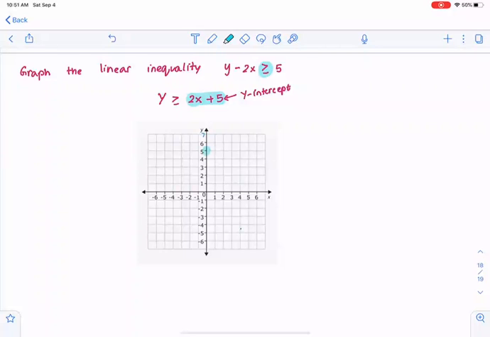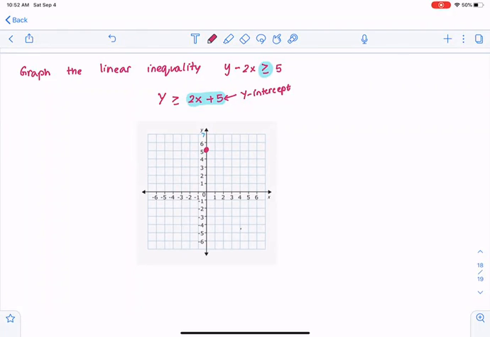At 5, I'm going to put a closed dot, and we're going to do a solid line because we have equal to.